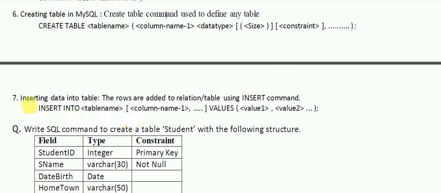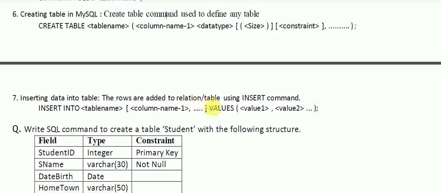Then inserting data into a table. So to insert data in a table, we have to use insert into, then table name, the table which we have created, then you have to give the column names. Here, as you can see, this box bracket I have used means the column names of the table are not compulsory, means you can give also, you may not give also.